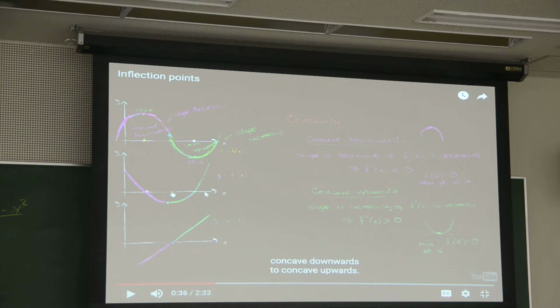I'm not sure why we have to draw these pictures. To me, they always confuse me, but you see them a lot in these books. So I guess we have to look at it. So here's f, and here's f prime.